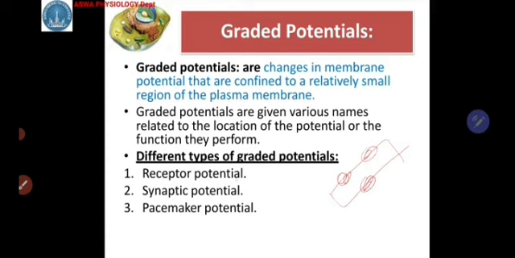There are three types of graded potential: receptor potential, synaptic potential, and pacemaker potential. Although the three of them combine to elicit an action potential, individually they cannot.